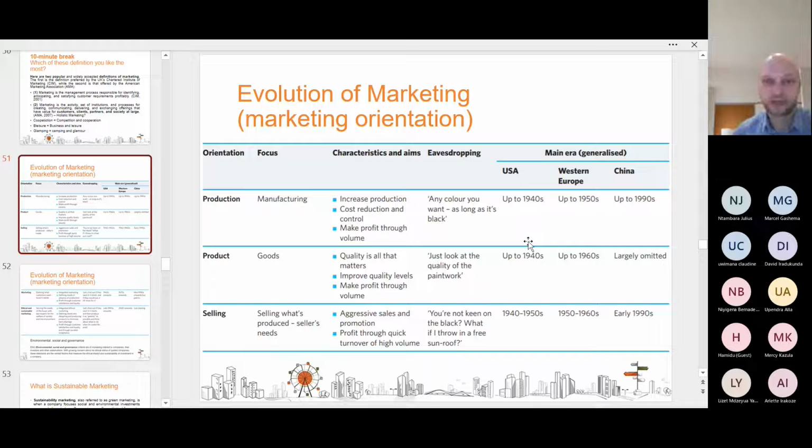So one color, one car, and he told the customers that you can order any color you want as long as it's black. So this orientation started in the 40s in the USA. Before that, marketing was considered as logistics.